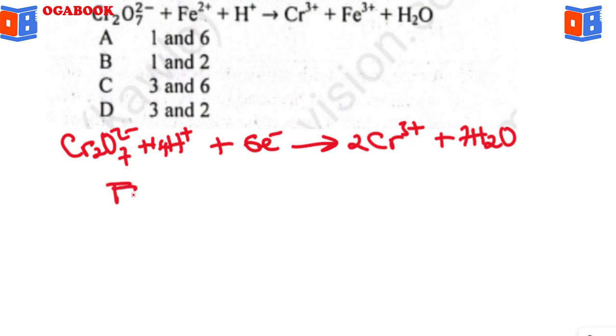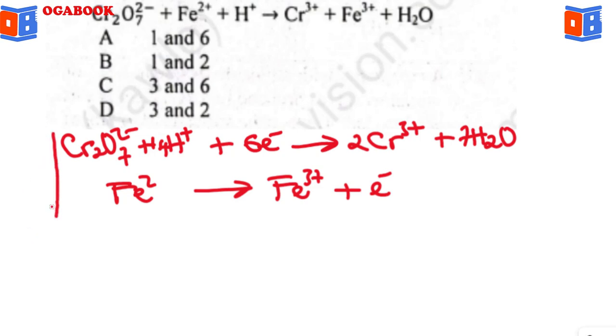Now for the oxidation half cell, we have iron 2 being oxidized to iron 3. We add an electron to balance the charge. Now for the overall, we combine these two half equations, making sure that the electrons cancel out. And if we do, we're going to multiply all through the second one by 6 and multiply the first one by 1.